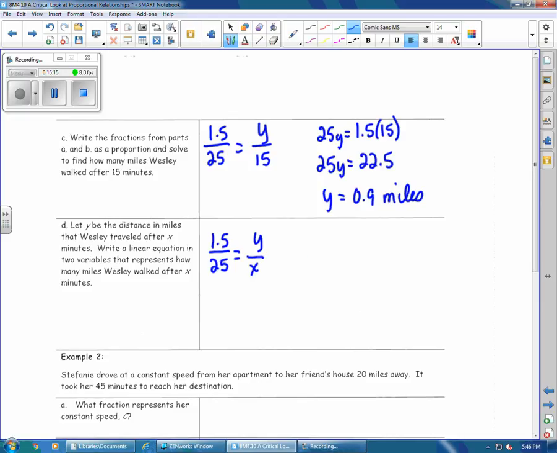Cross multiply, 25y equals 1.5x. Divide by 25. And y is going to equal, well, it's going to be a little bit ugly, 1.5 over 25x. And we can leave it right there.